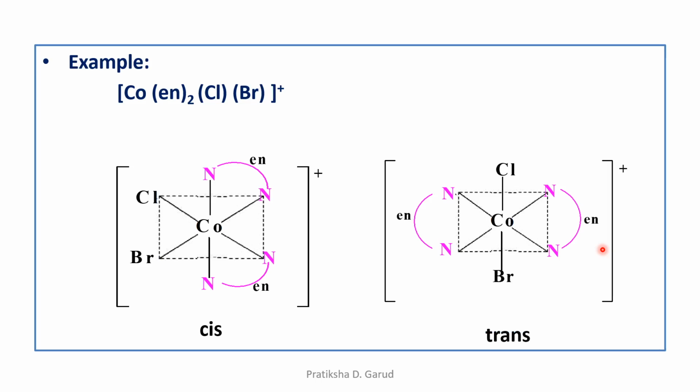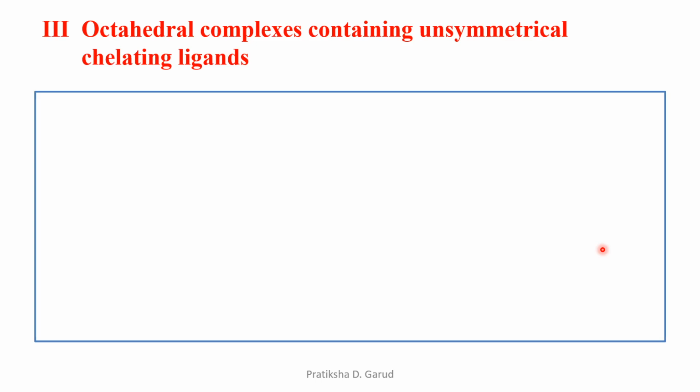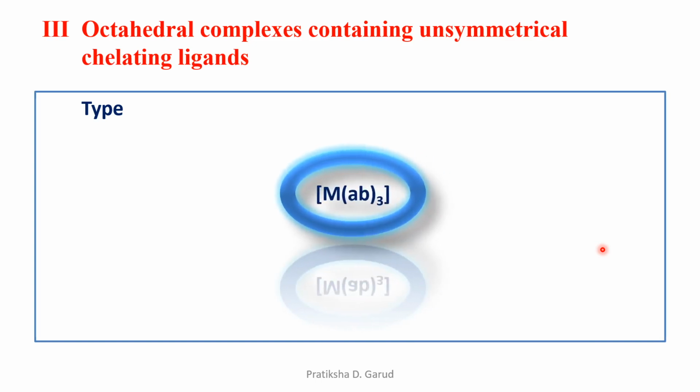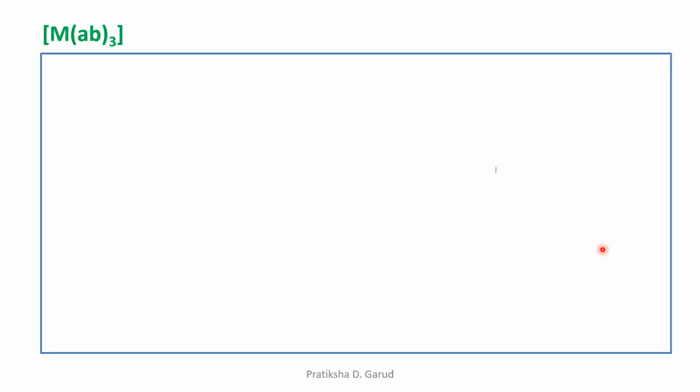Then the third type, for the octahedral complexes containing unsymmetrical chelating ligands. Again, let us see the types. It is having only a single type, and the single type is the M(AB)3. So let's see this type M(AB)3. What is M?